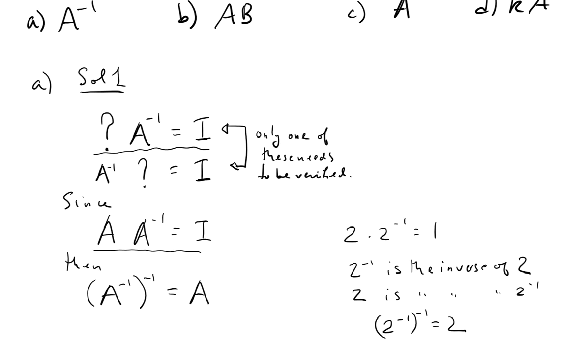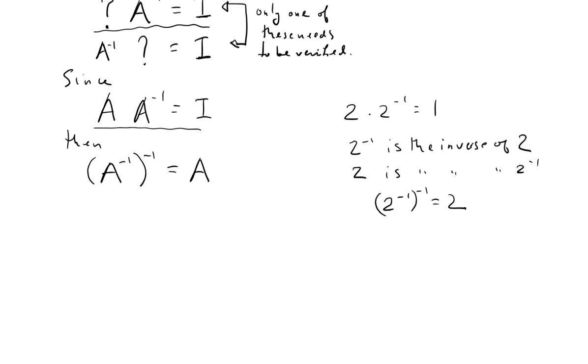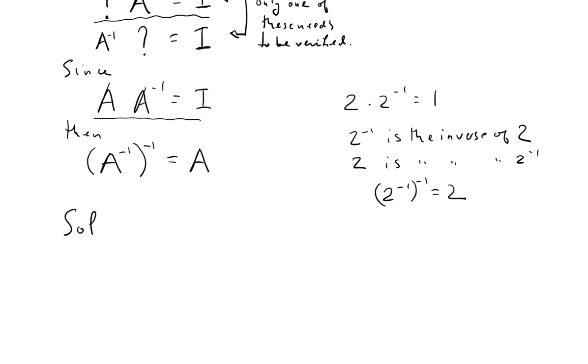Now, there's a nice way to approach these problems using linear transformations. Solution 2. Let's assume A is the standard matrix of a linear transformation. I'll write this linear transformation with A as a subscript. That just means that A is the standard matrix of the linear transformation T. If I apply that linear transformation to X, I'm going to get back AX.